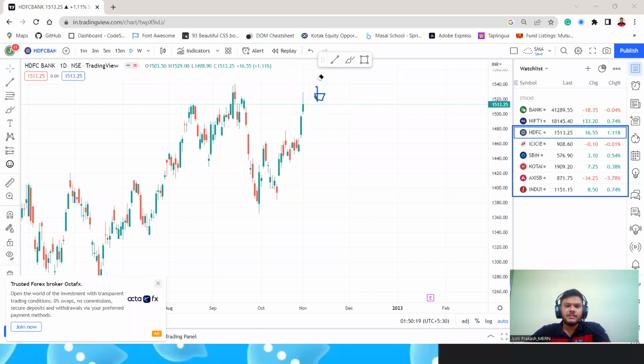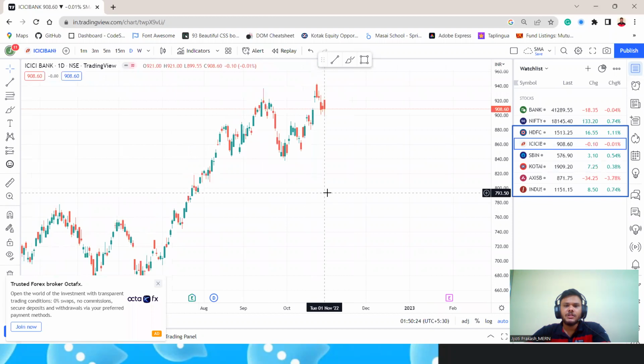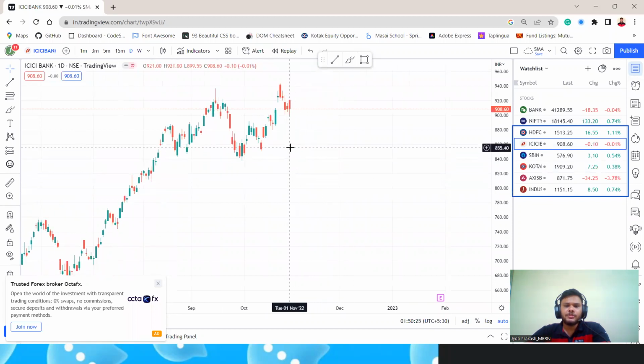Okay, now let's look into ICICI Bank. Here you can see that ICICI Bank opened gap up and continued to go down, and it went almost 20 points below, but at the end it closed around 980. Yesterday I also told you that if it closes below 900, you're going to take it for selling, and you can set your target to 890 to 880 at least.